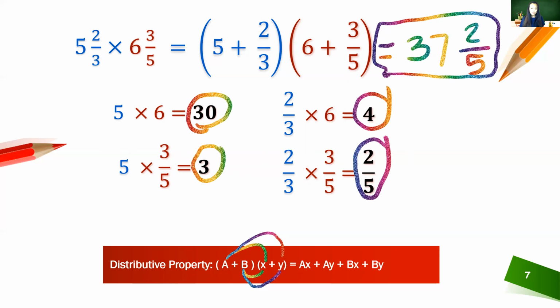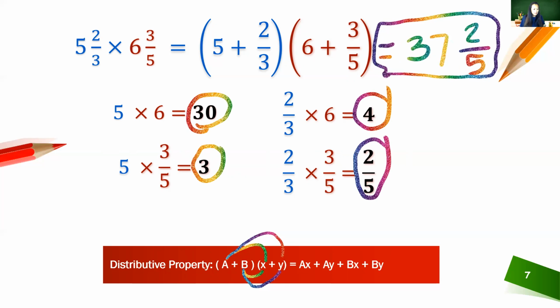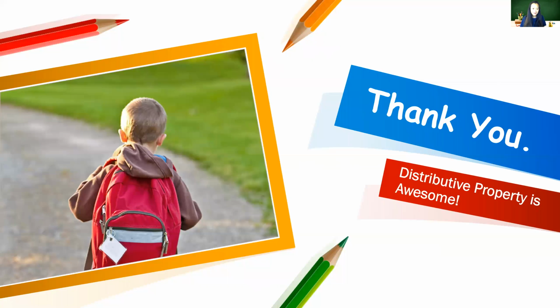Same answer, right? So distributive property written out or distributive property in a rectangle model. Whatever you like, but that's how the distributive property works for multiplication, even for fractions.